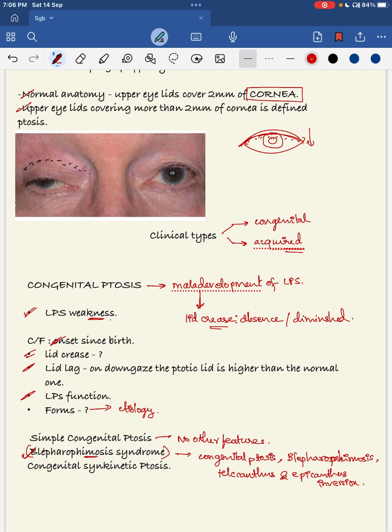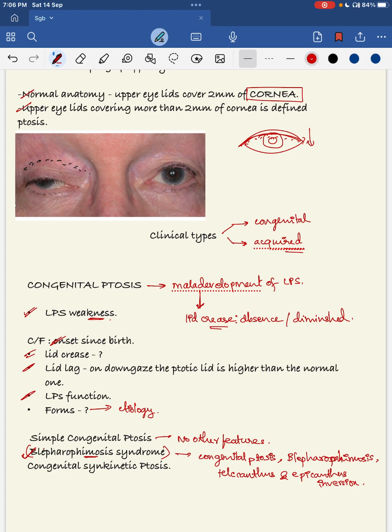See, the jaw movement need not stimulate the third nerve. Normally, the third nerve and the fifth nerve are stimulated independently. One stimulation need not cause stimulation of the other nerve, but here there is synkinesis.